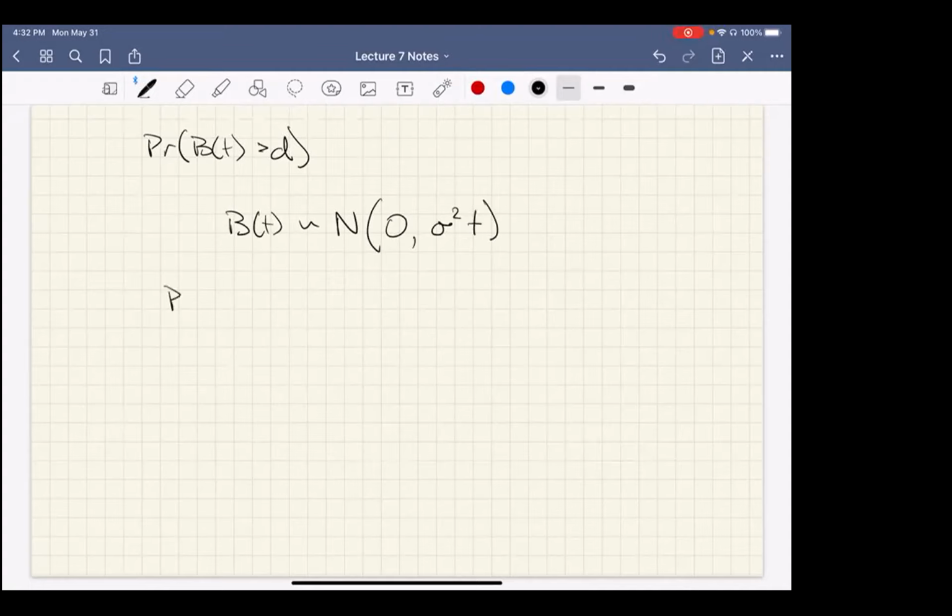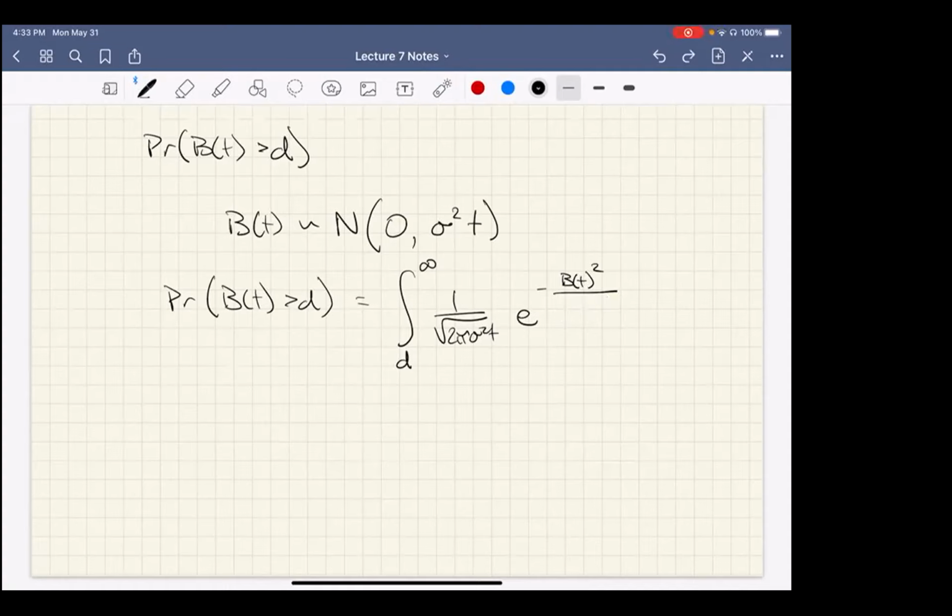So this means the probability that B of t is greater than d is equal to the integral from the boundary to infinity of 1 over root 2 pi sigma squared t, e to the minus my position, I'm going to call it B of t, squared divided by, sorry, that's not right.